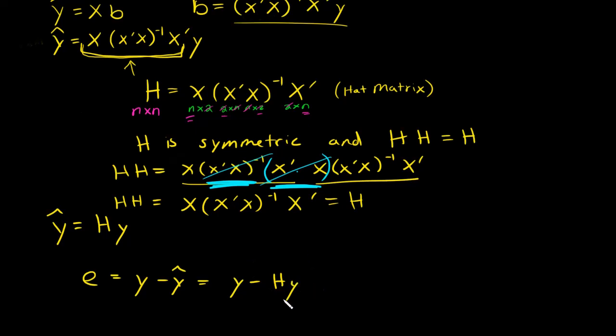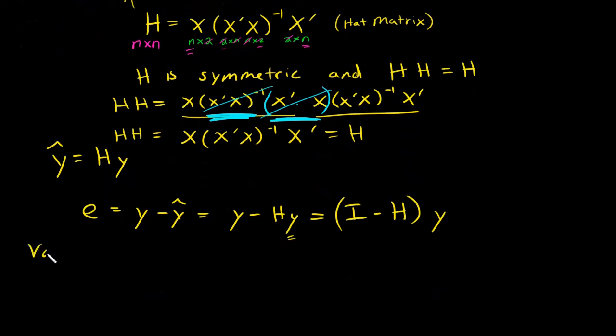We can pull out the y, and we end up with I, our identity matrix, minus H, times y. Now I want to figure out the variance of those residual terms, which is the variance of (I minus H) times y.